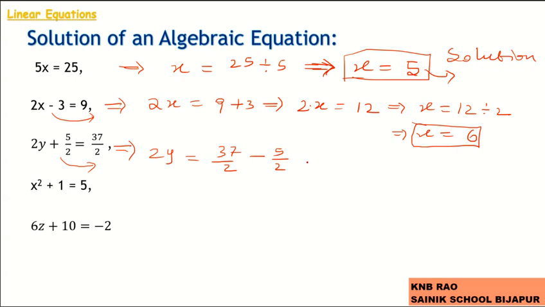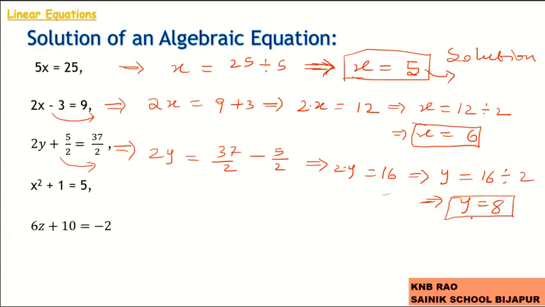So, on simplification, 2y equals 37 minus 5 is 32 upon 2 is 16, and this 2 is multiplying here, if it is transposed this side it gives y equals 16 divided by 2, it implies y equals 8. This is also called the solution for the given equation.